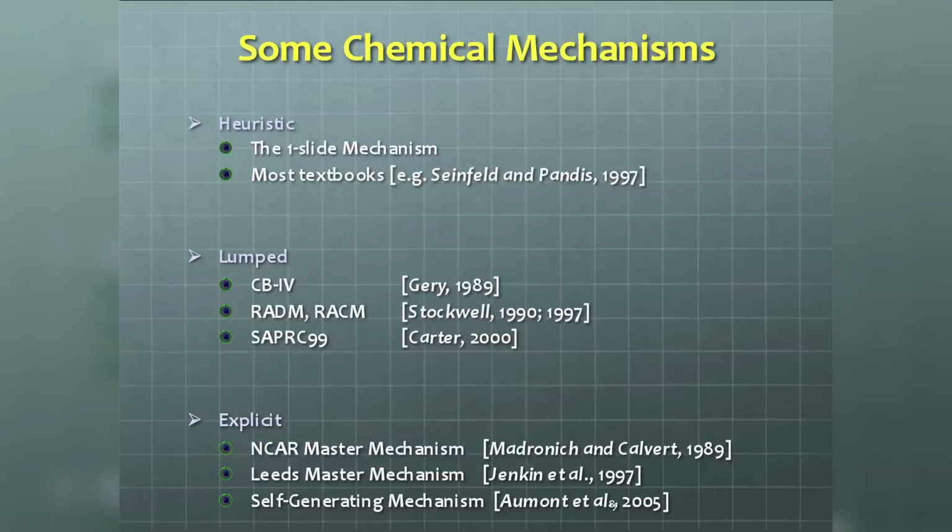So you have the so-called heuristic schemes, like the one-slide mechanism that I showed you. You can go to any textbook. They will show you some scheme with maybe 10, 20 reactions that explain, say, the ozone budget in the troposphere, more or less.